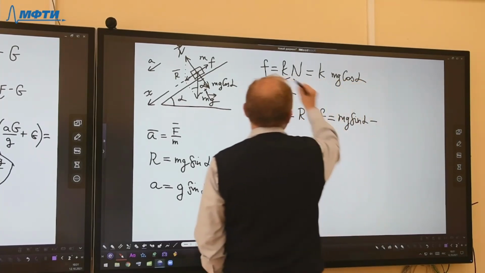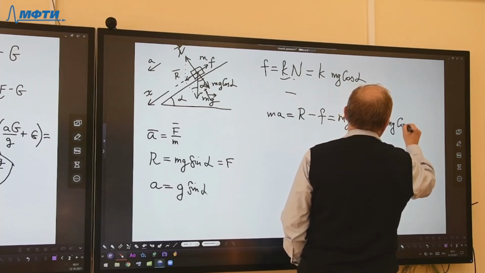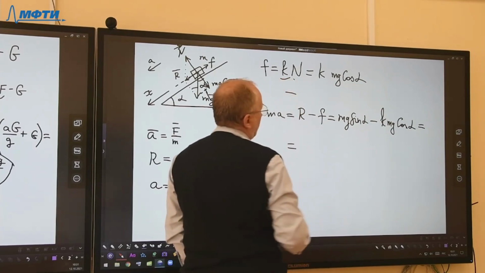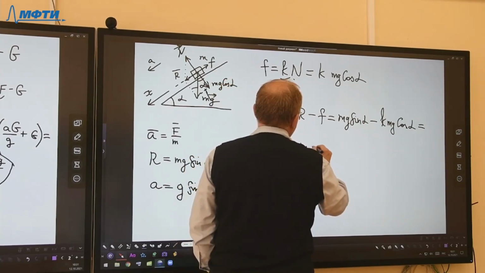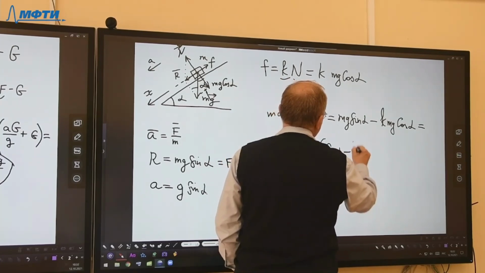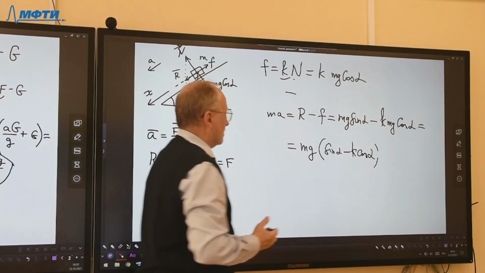And we know what F, the force of friction, is: that is k mg cosine alpha. So mg is here, and sine alpha minus k cosine alpha in round brackets.